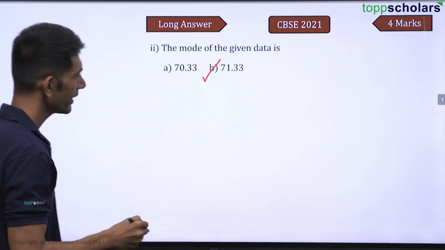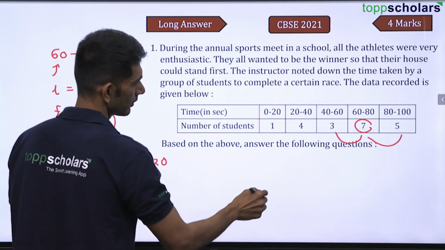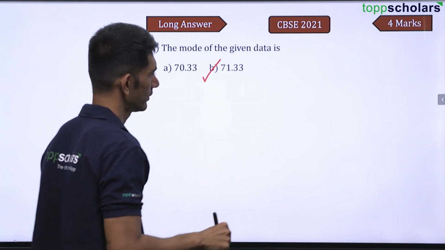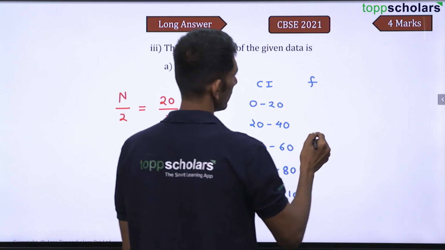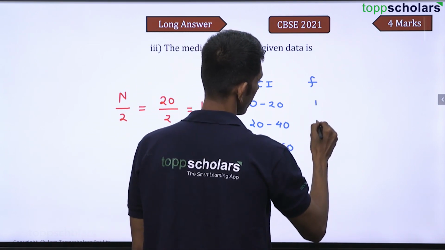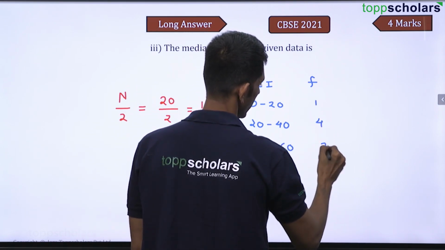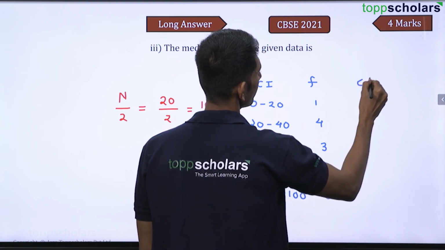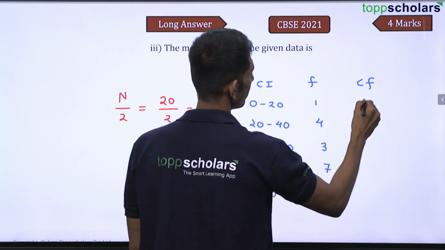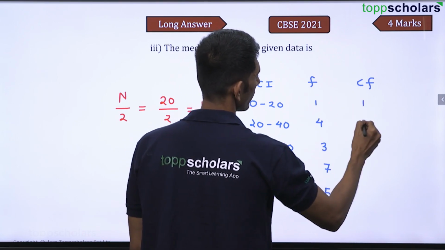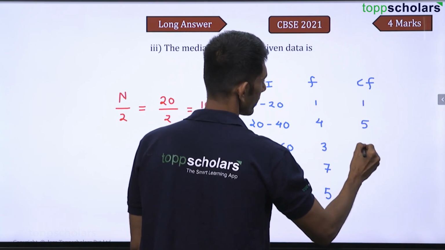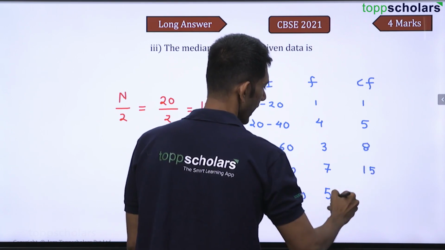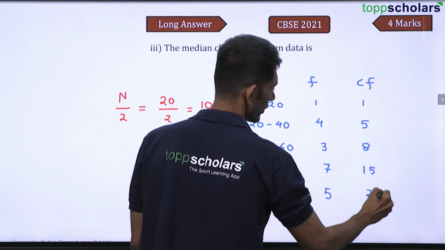You check that once again. 1, 4, 3, 7, 5. Find out CF. 1 remains as it is. 1 plus 4 is 5. 5 plus 3 is 8. 8 plus 7 is 15. And 15 plus 5 is 20.